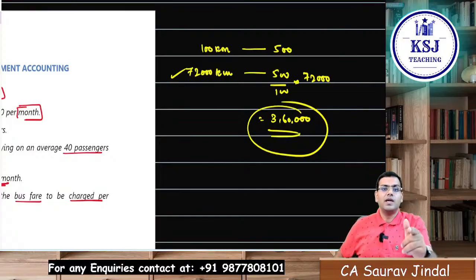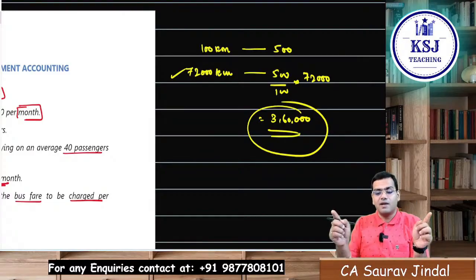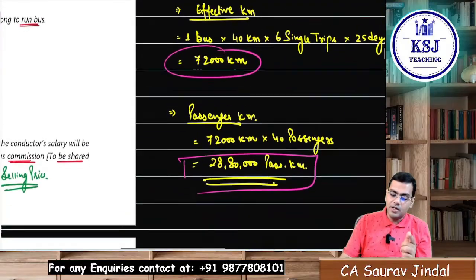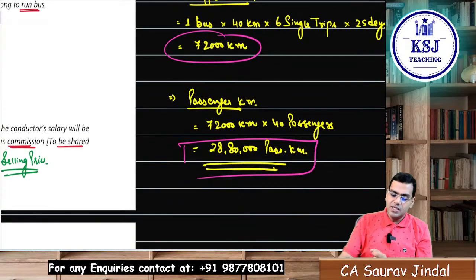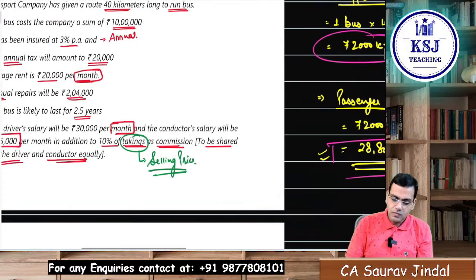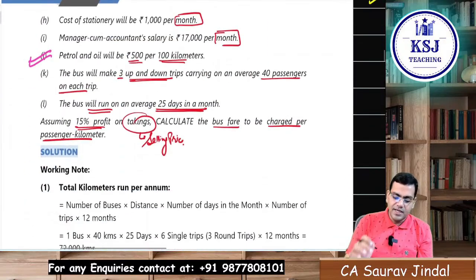It is only dependent upon the kilometers that you are traveling. So please do not make the mistake of taking passenger kilometers while calculating the diesel, petrol, oil, fuel cost. Take only the kilometers. Right? Correct, Hari.